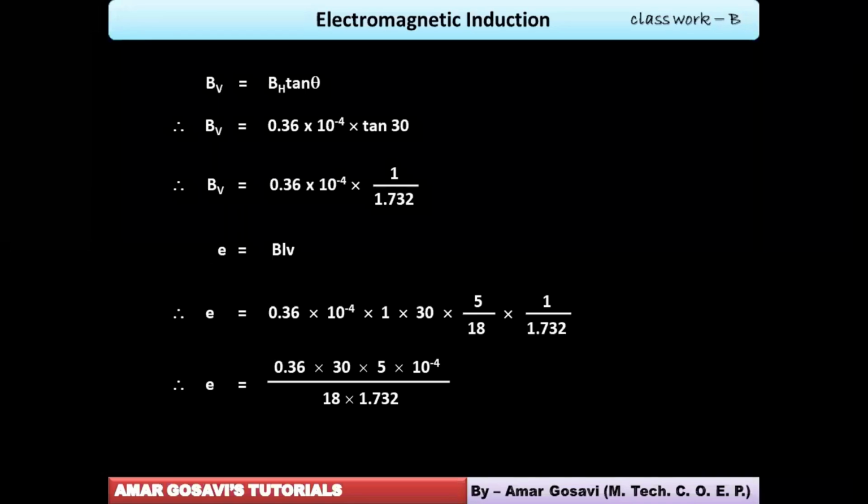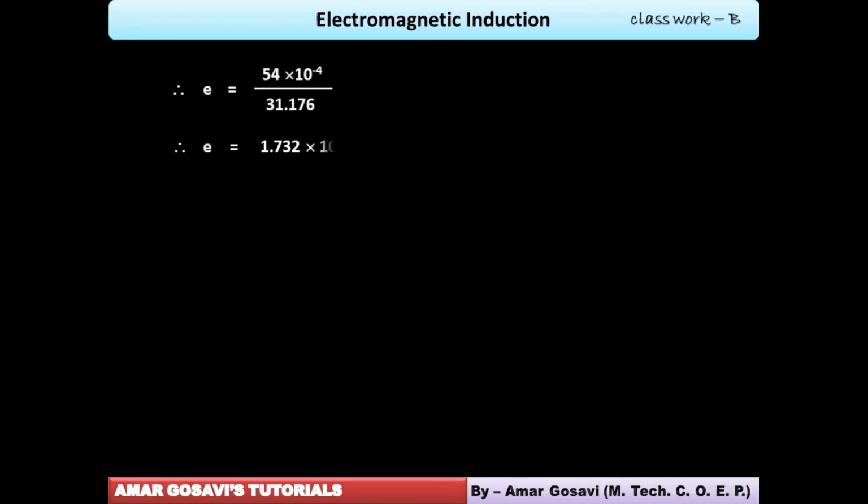So when you substitute these values, ultimately you end up getting the EMF, you can see, comes out to be 1.732 into 10 raised to minus 4 volts. So the EMF generated between the ends of the axle is 1.732 into 10 raised to minus 4 volt. Please make a note of it.